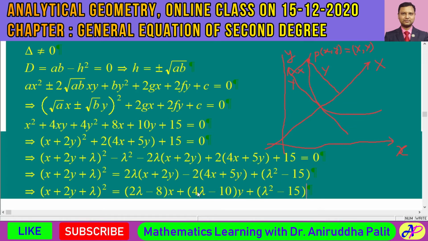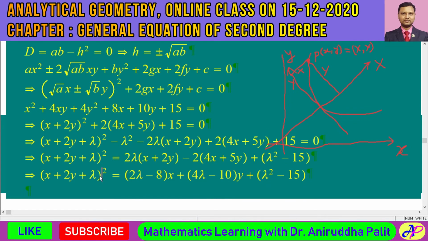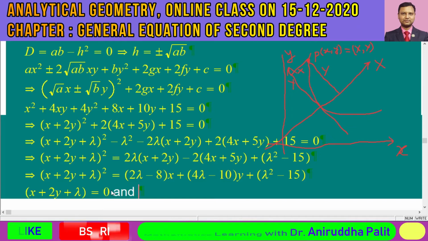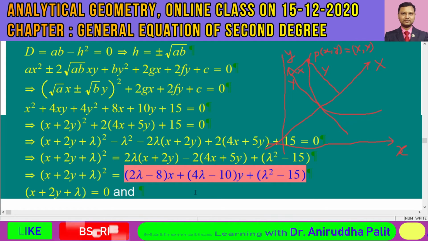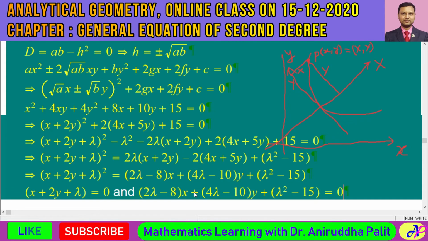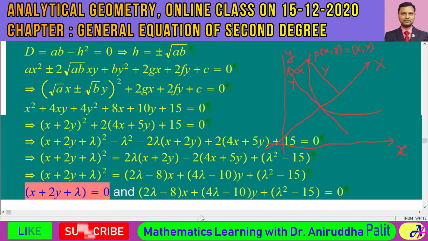Now if we consider the quantity within this bracket, this quantity is equal to 0, and this quantity is equal to 0, then of course both of these represent two straight lines. This is one straight line and this is another straight line, but still we don't know whether these two straight lines are perpendicular to each other or not.